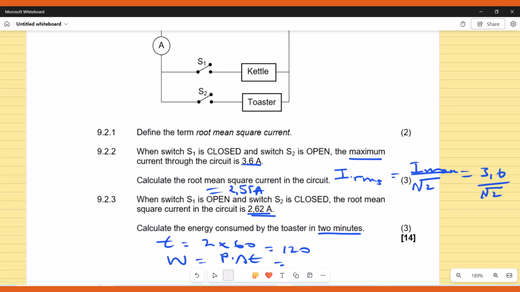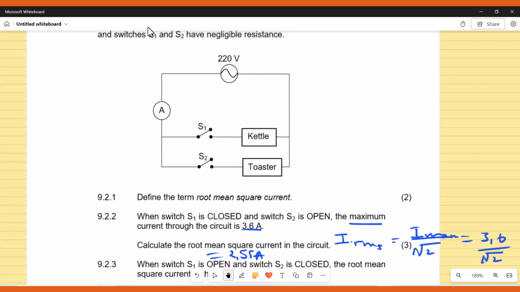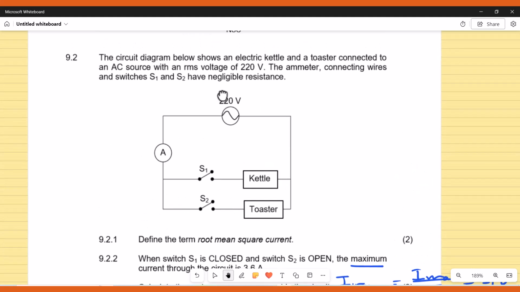We have the power. If you check what we have here, they gave us our VRMS, which is 220. They said that with an RMS voltage of 220, we're looking for the work, for the energy.